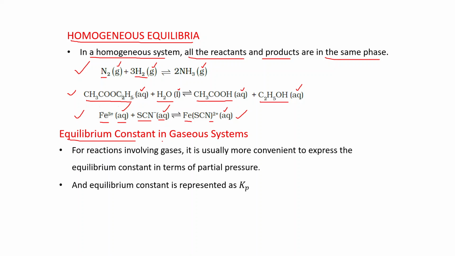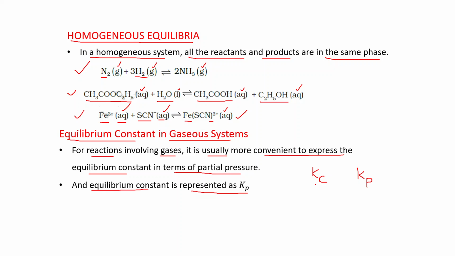Now, equilibrium constant in gaseous systems. For reactions involving gases, it is usually more convenient to express the equilibrium constant in terms of partial pressure, and this equilibrium constant is represented as Kp. We already discussed Kc. Kc and Kp are both equilibrium constants.